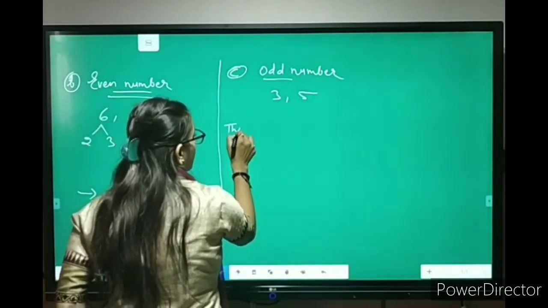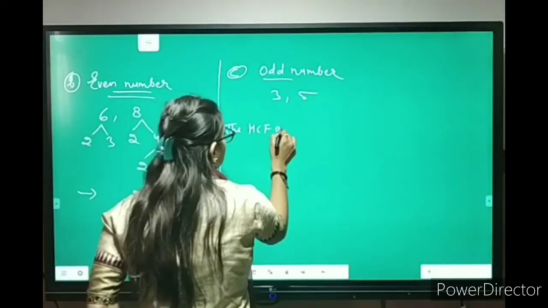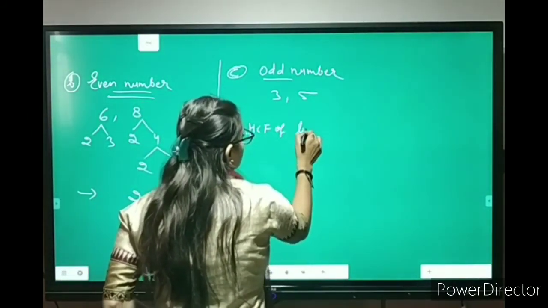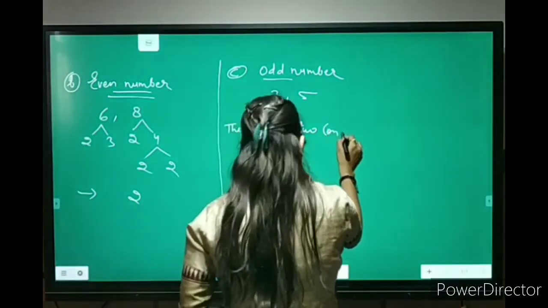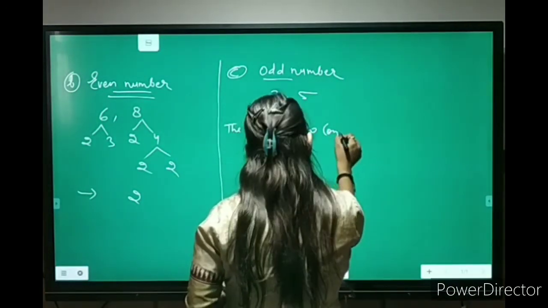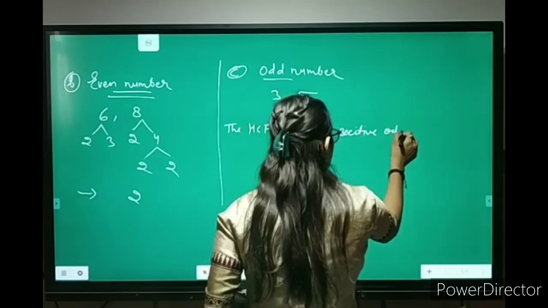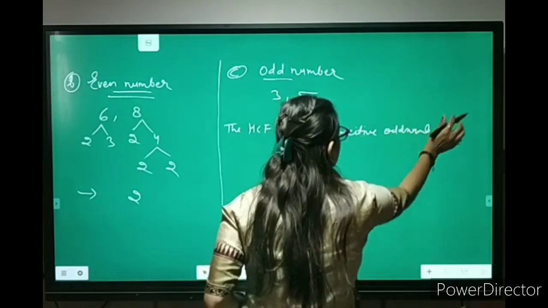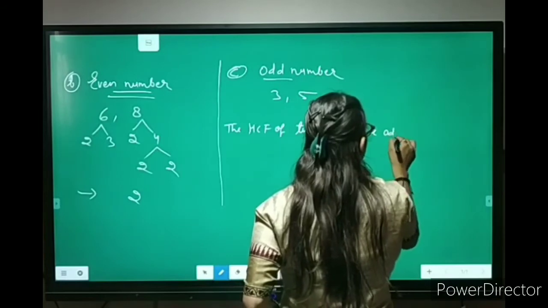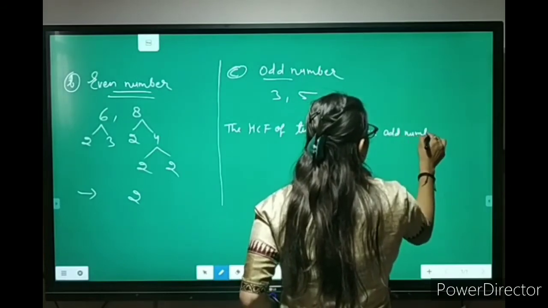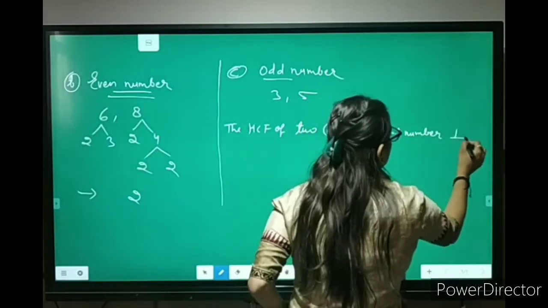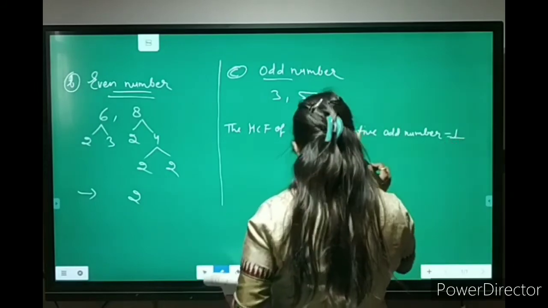So the HCF of two consecutive odd numbers is 1. Clear?